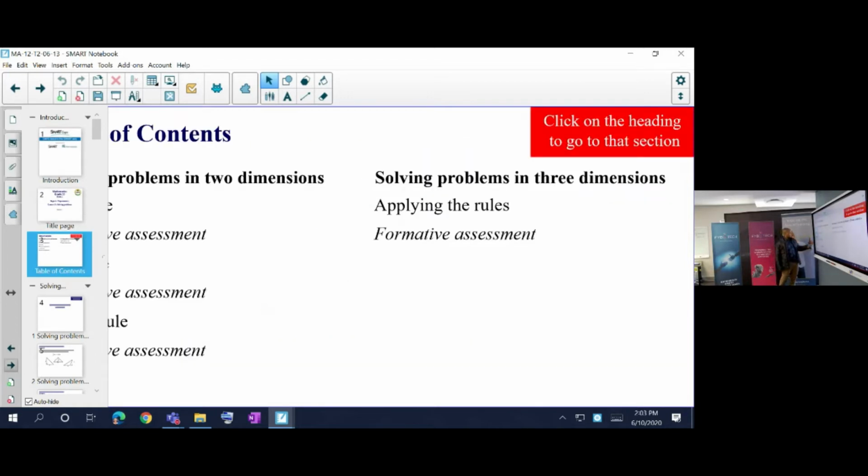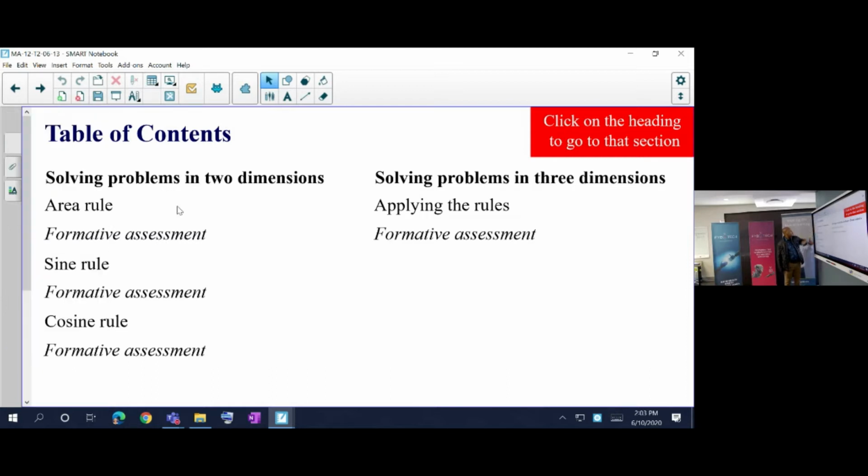Some of the things that we'll be looking into: we'll be dealing with the area rule. We'll also be having a formative assessment on that. We'll also look at the sine rule, the cosine rule, and we will go a bit into 3-dimensional problems.